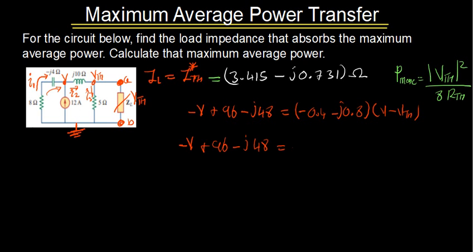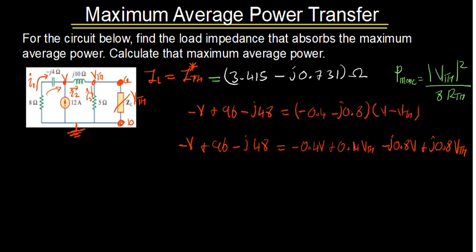So that will give us minus 0.4V, then plus 0.4 V Thevenin because of the negative and negative there. Then I'm going to have minus j 0.8 V plus j 0.8 V Thevenin. It's very important that we become a little bit careful when dealing with this.